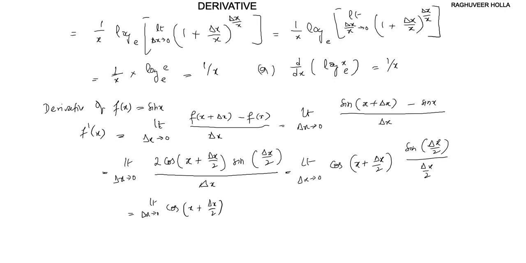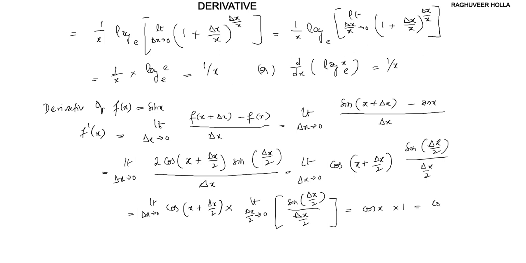Okay, and for the limit delta x tends to 0, this is cos x plus delta x by 2 multiplied into limit delta x by 2 tends to 0, this is sine delta x by 2 divided by delta x by 2.